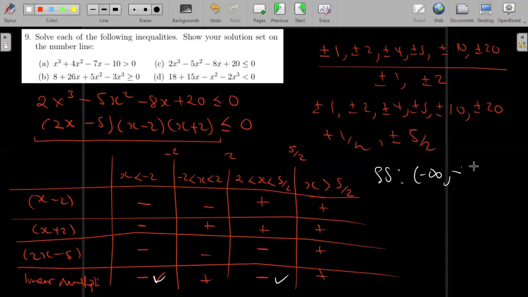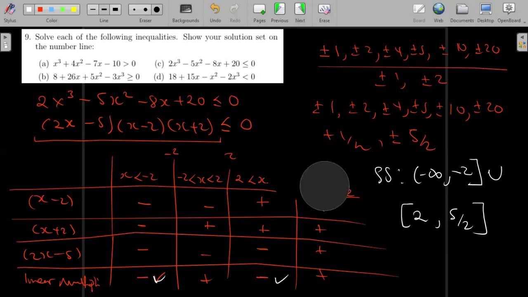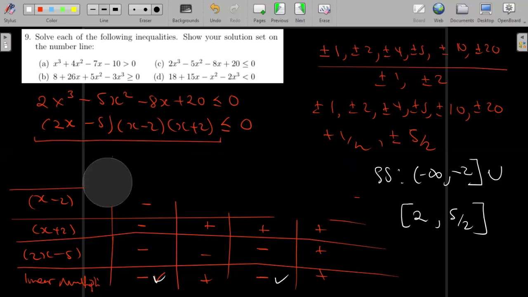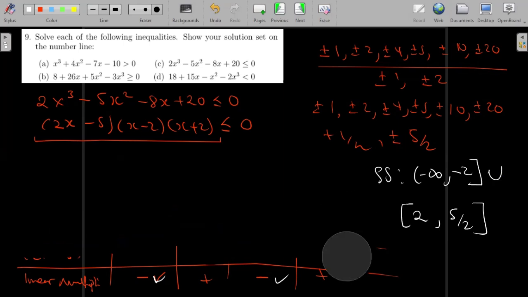Then union, 2 to 5 over 2. These can be part of the solution because of the equal sign: if I get a 0, it's fine because they've said less than or equal to 0.